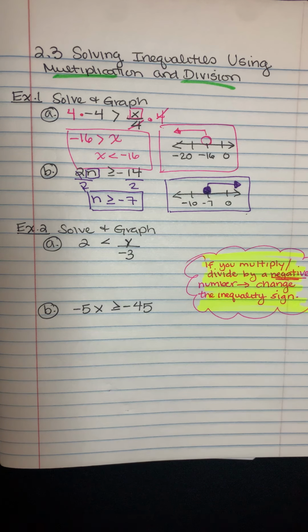It says if you multiply or divide by a negative number, negative is the key word, you need to change your inequality sign. If you don't change the inequality sign, your answer is incorrect and your graph is incorrect. That is a rule. It is a mathematical rule, and we need to follow it. If we don't follow it, we're going to get the wrong answer.